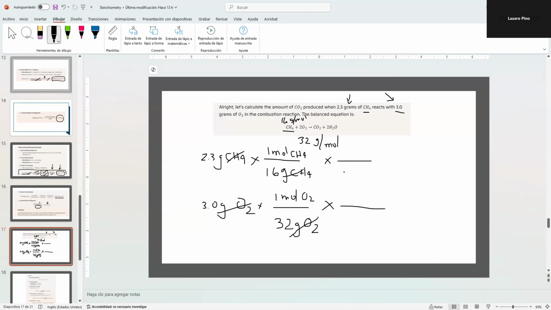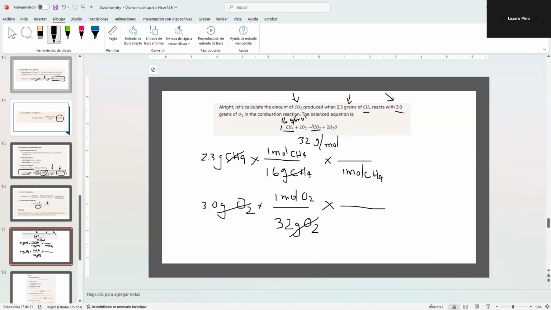Okay, down you write moles of methane. As you can see here, you have 1 mole of methane, and the question is about the amount of carbon dioxide. Then you have to watch carbon dioxide. There is only one here.